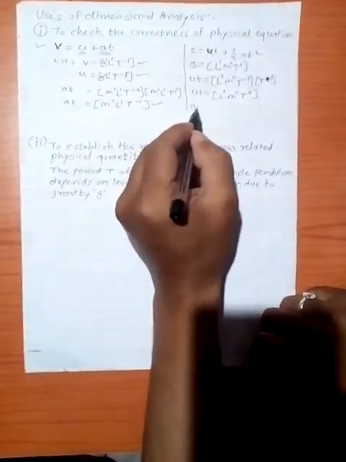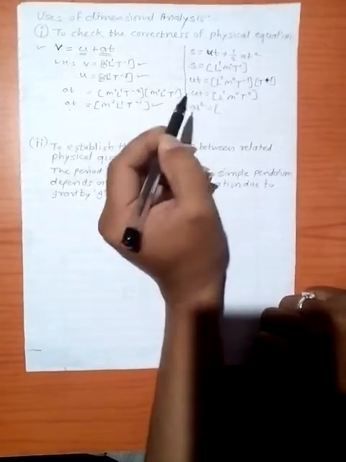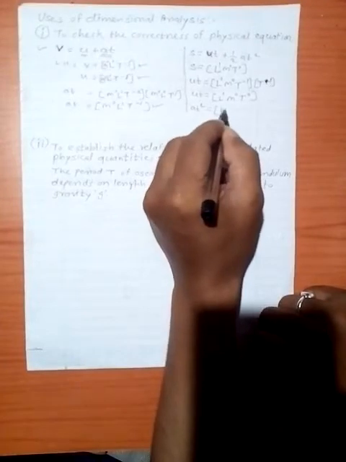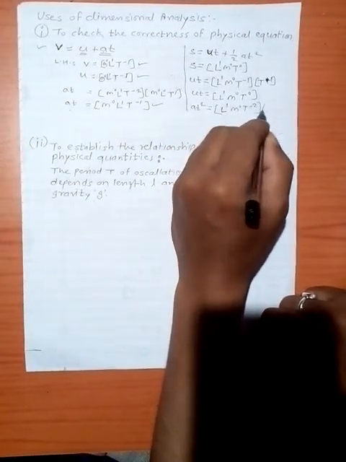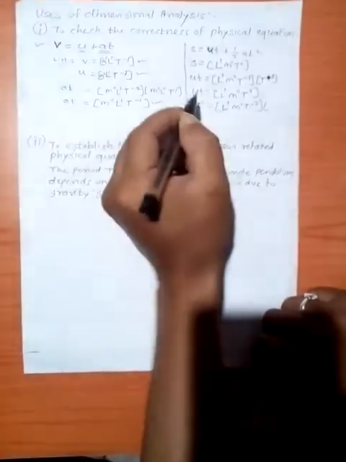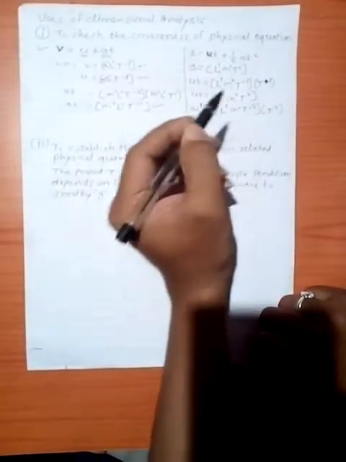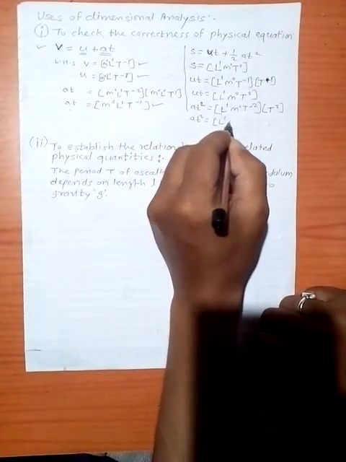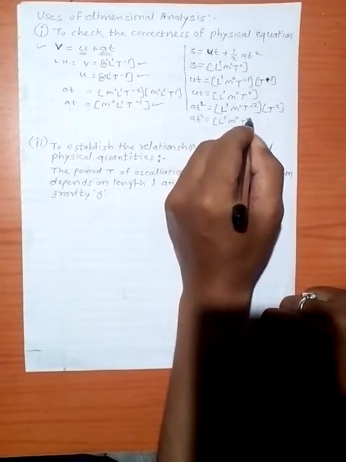Then for at square, it is acceleration. The dimension formula for acceleration is L raised to 1, m raised to 0, t raised to minus 2, and for time, here is a square, therefore t raised to 2. So at square is equal to L raised to 1, m raised to 0, t raised to minus 2 plus 2, that is t raised to 0.